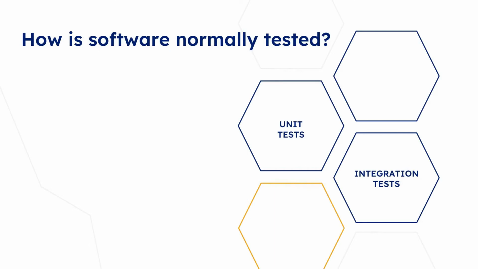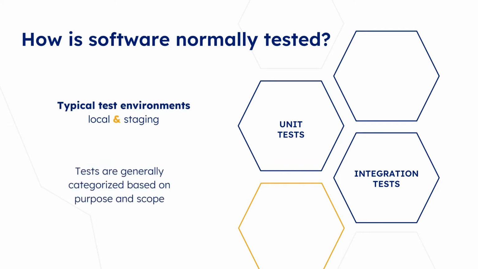How is software normally tested? Well, typically, tests are either run locally during development or in a staging environment, just prior to deployment. Software tests are generally categorized based on purpose and scope, and there are many different types of tests. Two common examples that we will talk about are unit tests and integration tests.